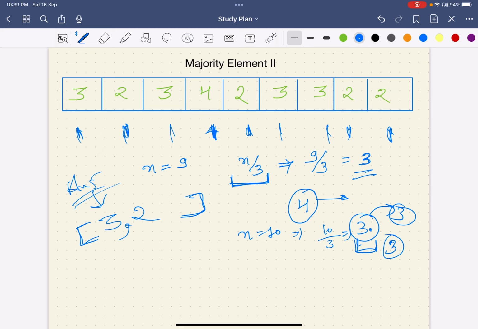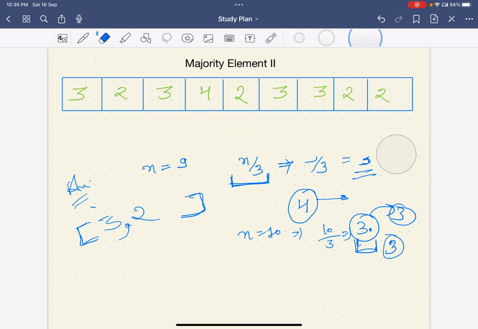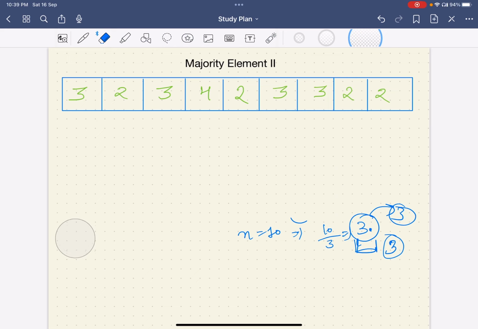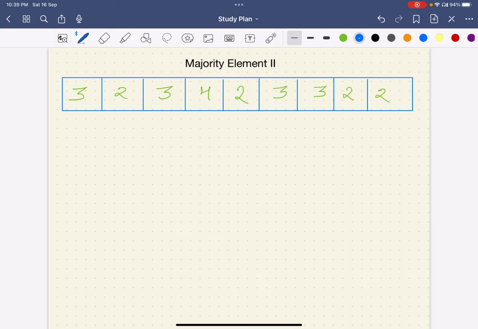Now to solve this, we know there is a very similar problem, which is to figure out elements which appear more than n by 2 times. But in that problem, we were sure that the answer should be only a single element.